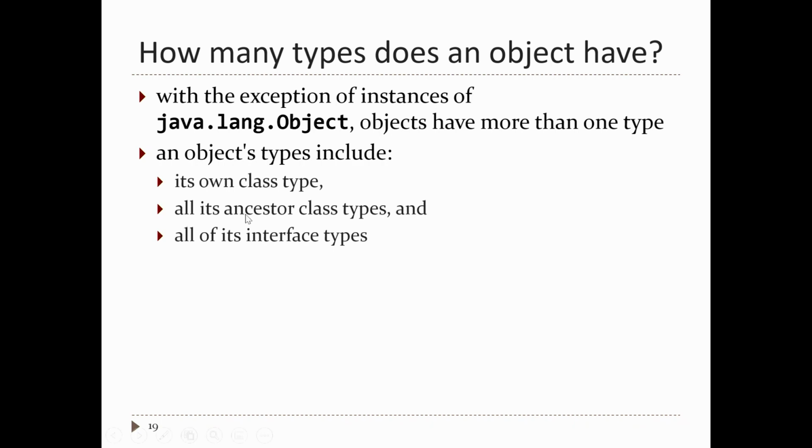But its other types include all of its ancestor class types. It means the type of a StoppingCounter includes Counter, and it includes Object. Furthermore, the type includes all of the interface types. So if Counter implements the Comparable interface, then StoppingCounter also has the type Comparable.